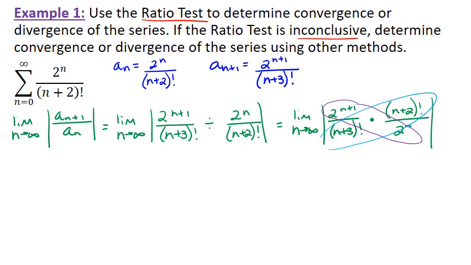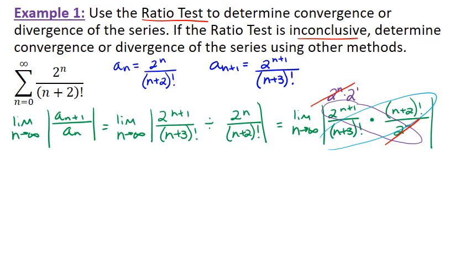So let's see what happens. 2 to the n plus 1 is the exact same thing as saying 2 to the n times 2 to the first, because same bases, we add the exponents. Well, if that's the case, if this is over this, I can cancel out the 2 to the n's. So I'm simply left with 2.